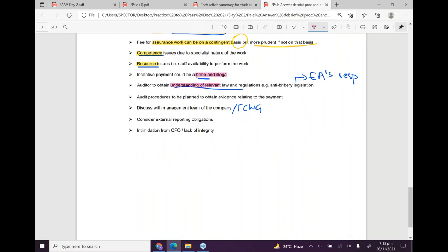As an auditor, it is my responsibility to understand the laws and regulations, and therefore I will need to perform procedures to confirm this breach. I'll have to report this to those charged with governance, I need to consider external reporting, and I am extremely concerned about the integrity of the management.